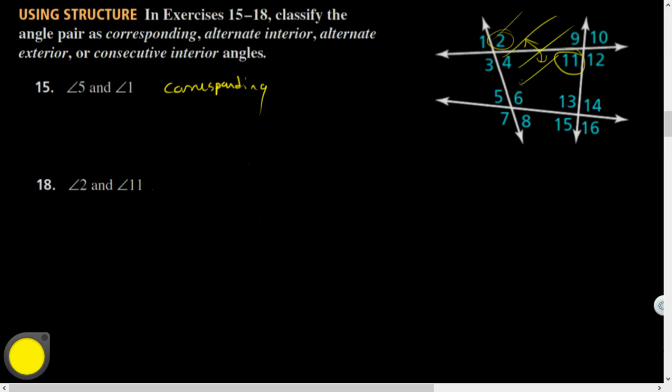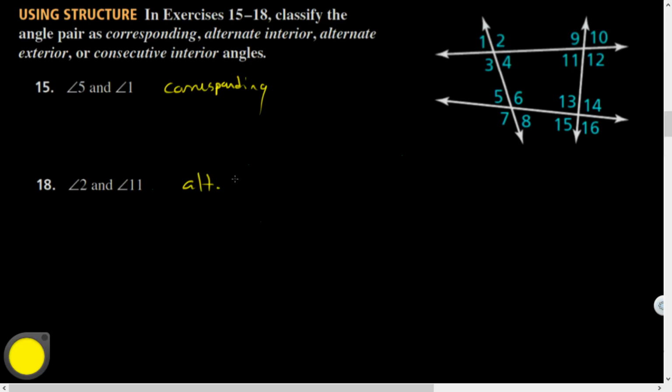What's weird about this four intersection diagram is that what you consider the transversal and what you consider the other lines shifts depending on which two things you're relating. So 2 and 11 are alternate interior angles.